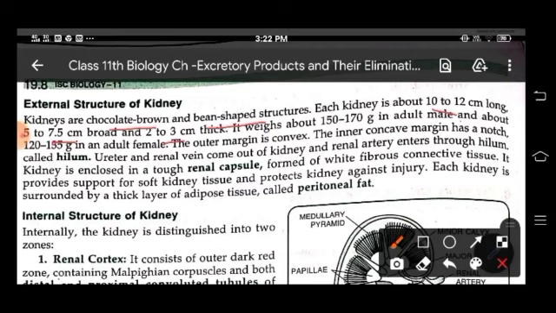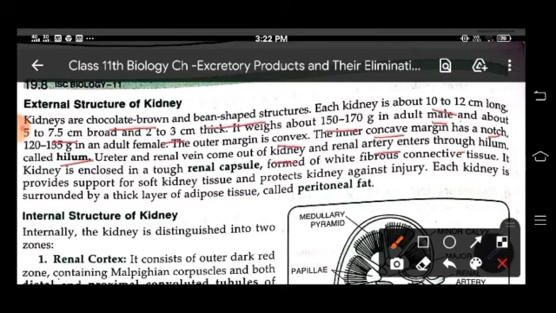It weighs about 150 to 170 gram in an adult male and about 120 to 155 gram in a female. The outer margin is known as convex, and the inner margin is concave, and it has a notch known as the hilum. Ureter and renal vein come out of the kidney, and the renal artery enters through the hilum.